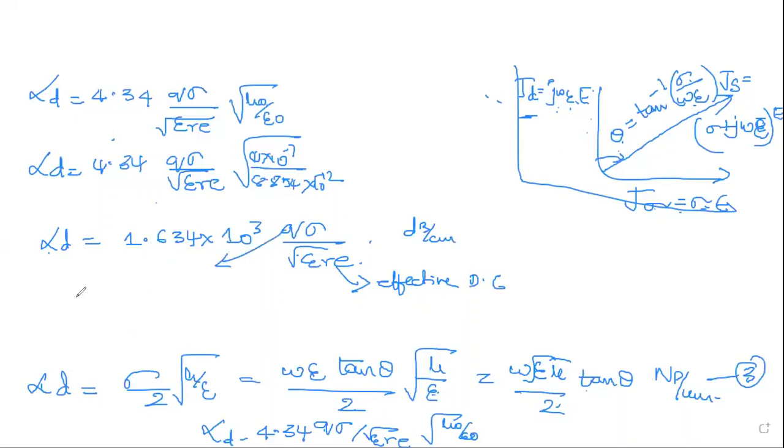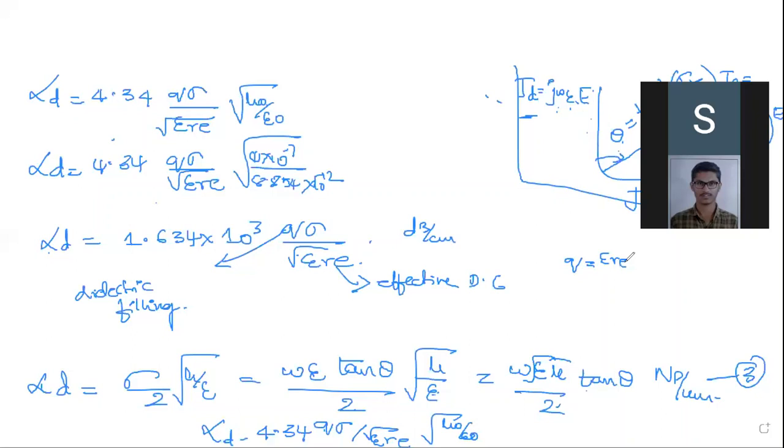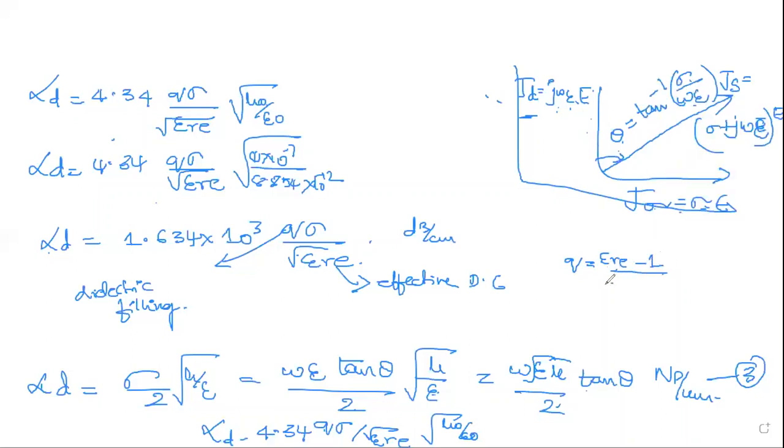This q which has come here is called the dielectric filling factor, which is given as q is equal to epsilon re minus 1 divided by epsilon r minus 1.